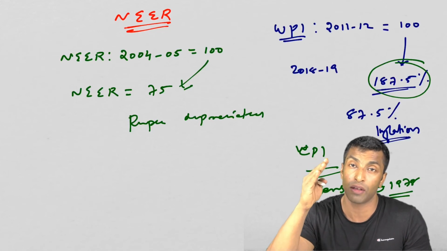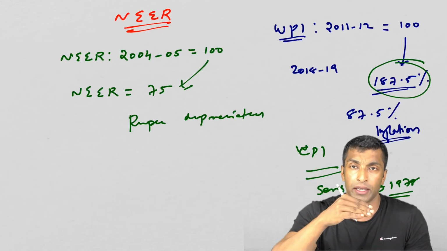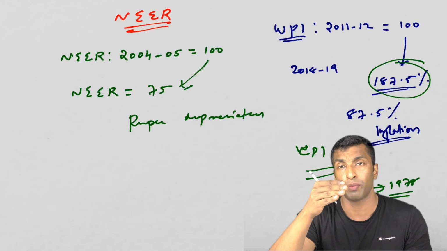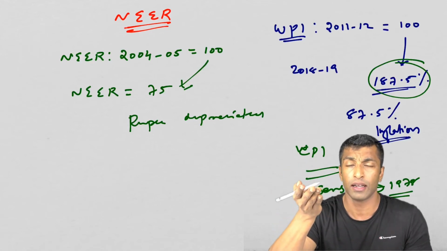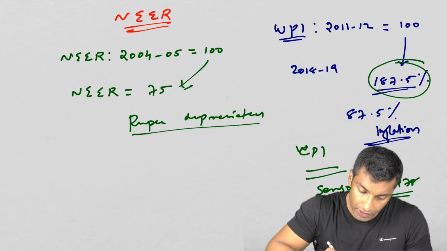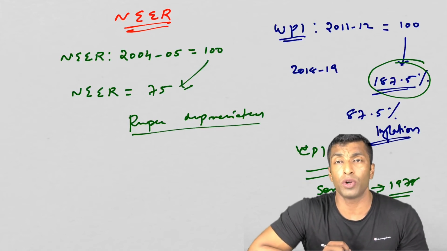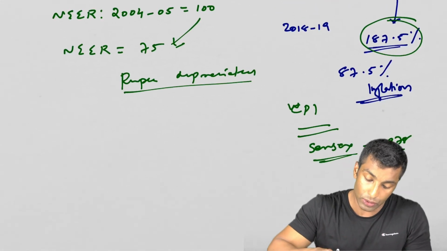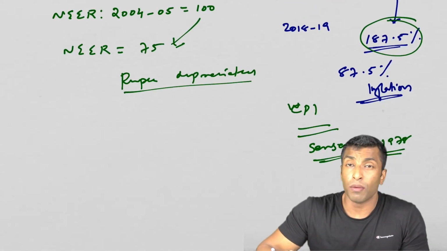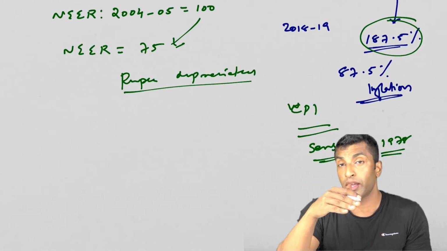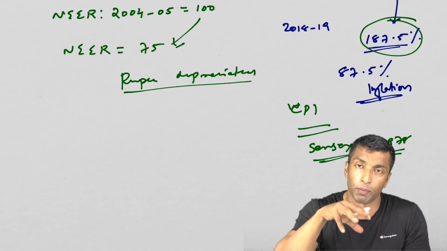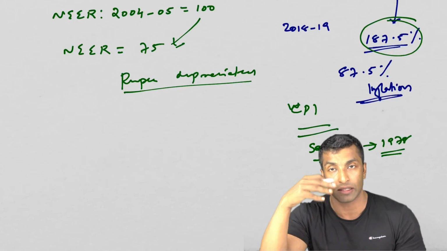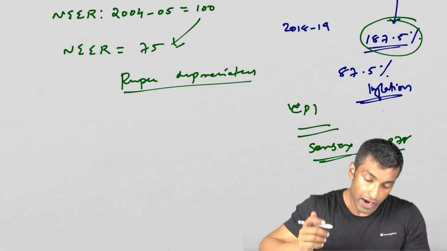Before he gave $1 for this item which cost 100 rupees, now he gives the same dollar and gets it for 75. So when the rupee depreciates, things are going to be cheaper for the foreigner. He is going to get more for $1. Earlier he got 75 worth of items, now he will get 100 worth, and the opposite will happen in India's case, because there it is appreciation, here it is depreciation.